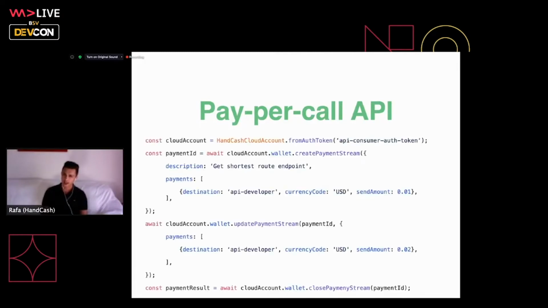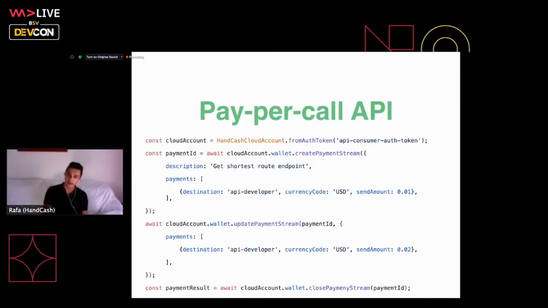So we have 3 main steps. First of all, in this case, the authorization we need is from the API consumer. Then at the beginning, we create the payment stream with the description of, imagine we have an API to get the shortest route between 2 points, and we expose that service in an API.